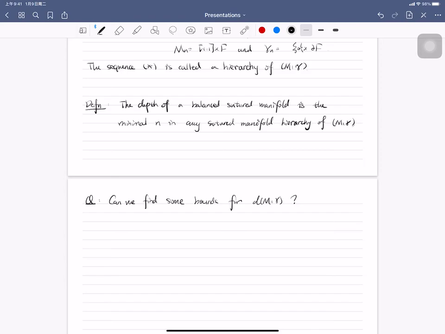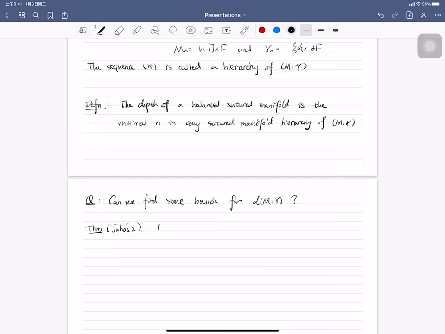All right, and the theorem by Juhász well, bounds the depth from the rank of the sutured Floer homology.